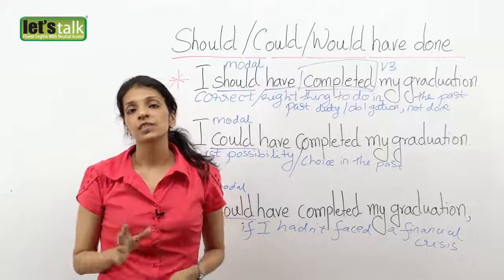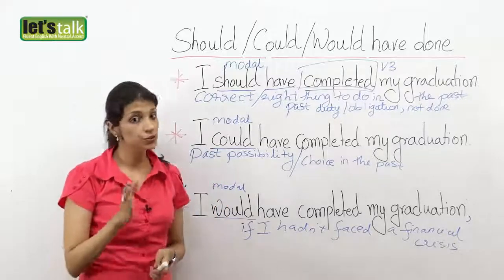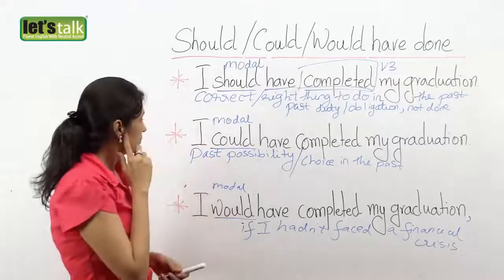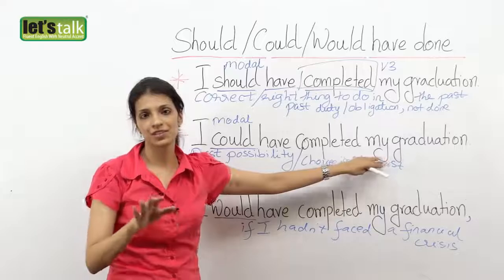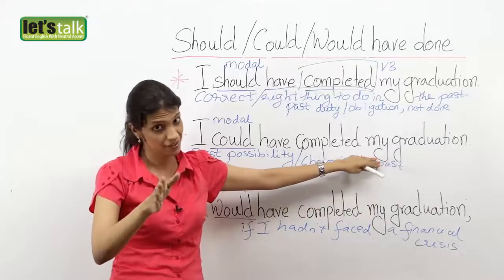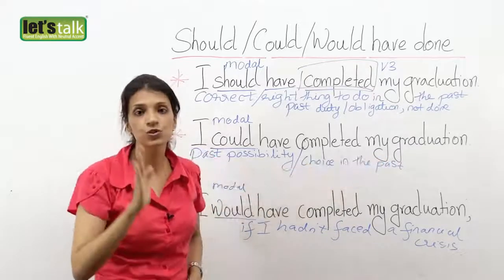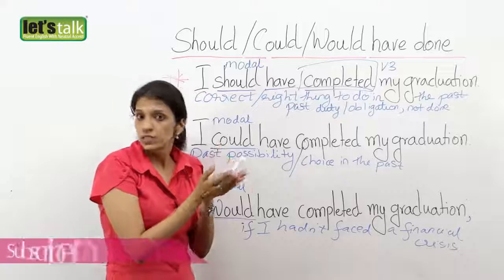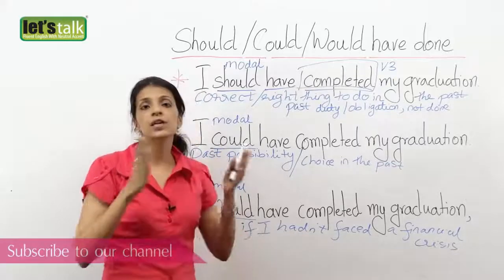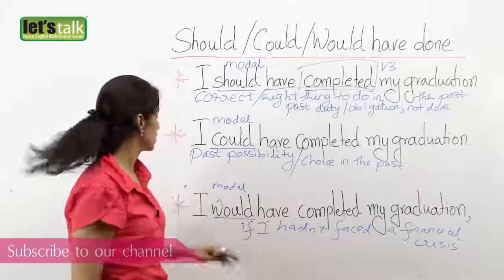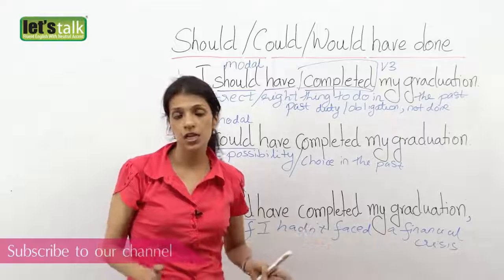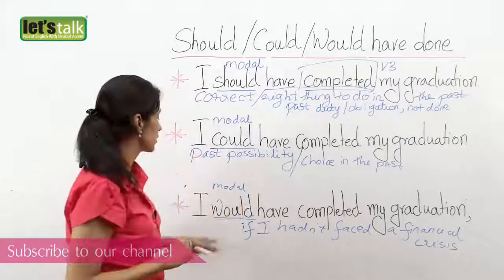So the next day when your boss asks you, why didn't you do your work? You say, I could have completed my project. The minute you say that, you're fired, because this means that you chose not to do it. But if it were not in your hands, there was no electricity supply, the correct thing to say is, I would have completed my project, but there was no electricity.